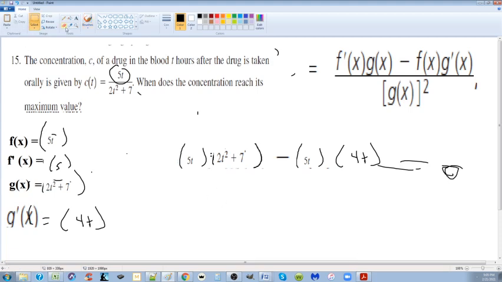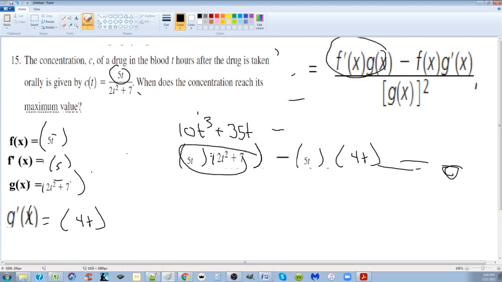So first we have to multiply out the top, and we get 10t cubed plus 35t. So that's that part. Then we have minus, big old brackets, 4t times 5t. It's minus 20t squared.